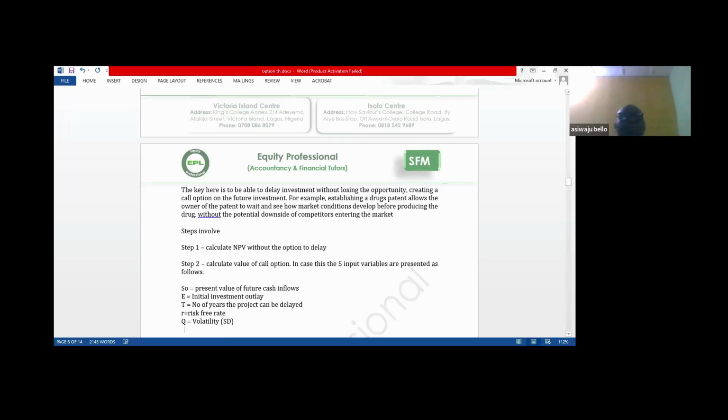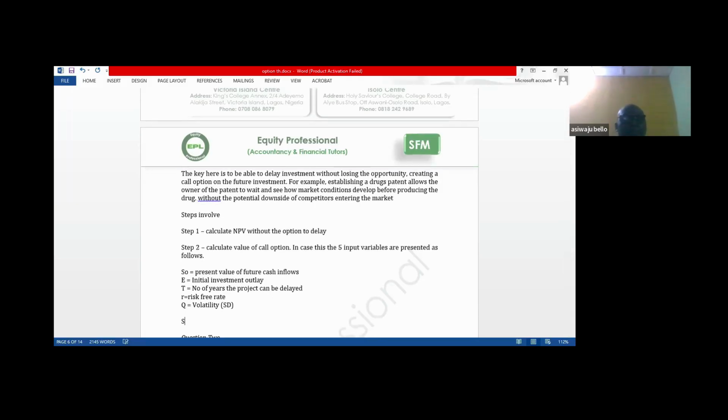Then the final step. Step 3: Calculate NPV with option to delay.